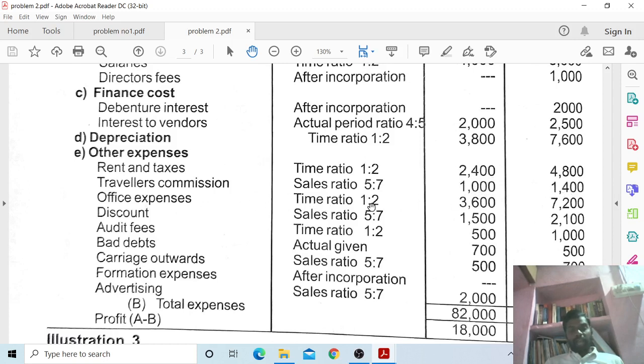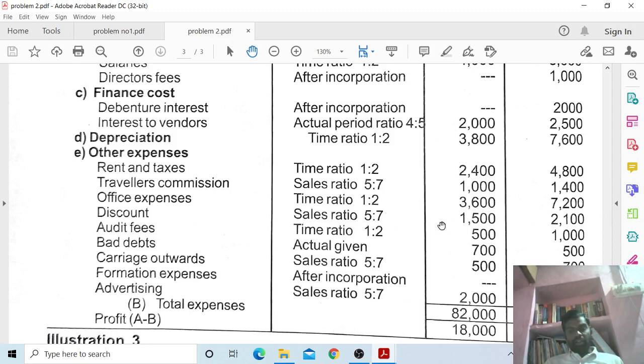Office expenses, time ratio 1 is to 2. Total 10,800, so prior incorporation 3,600 and 7,200 after.